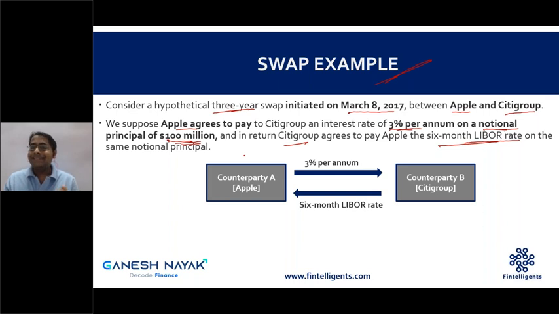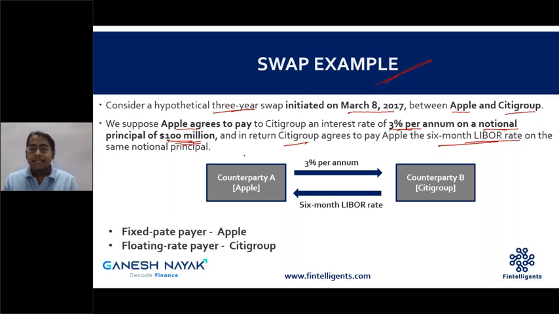In this case, counterparty A, which is Apple, is a fixed rate payer, as we can see at the bottom, and Citigroup is a floating rate payer in this entire transaction. A lot of the time you will see that an organization has entered into a swap as a fixed rate payer.